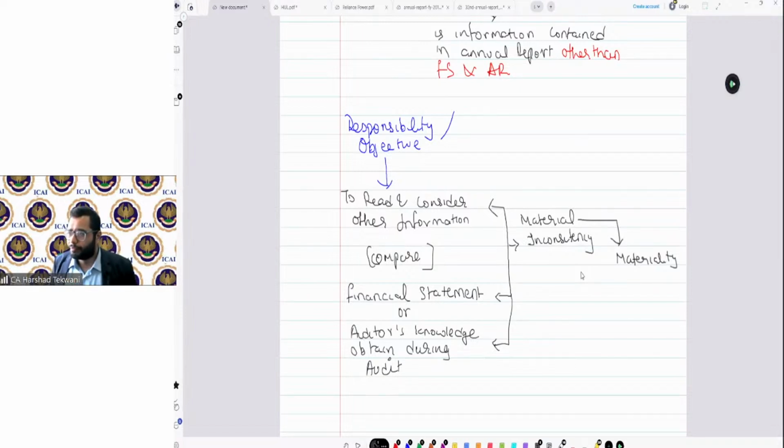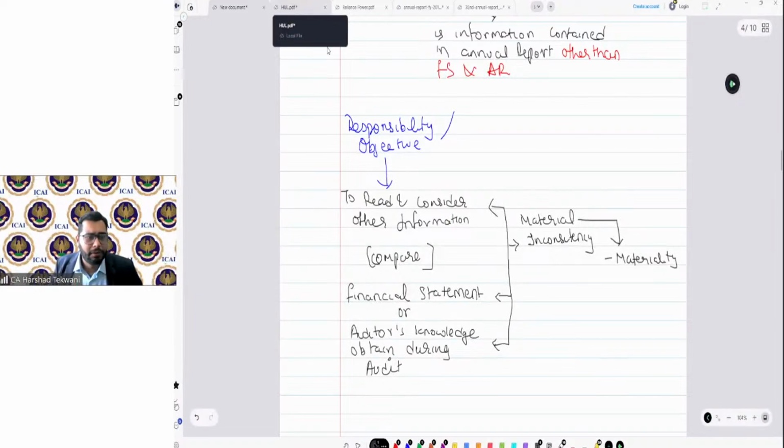So what is the other information that is there in the annual report? Is it information related directly to the financial statement, which the users are expected to read? If yes, then the materiality concept that applies to the financial statement will apply to that other information.